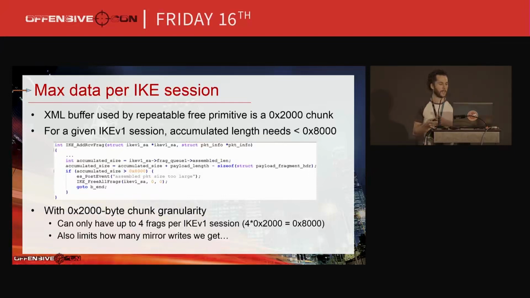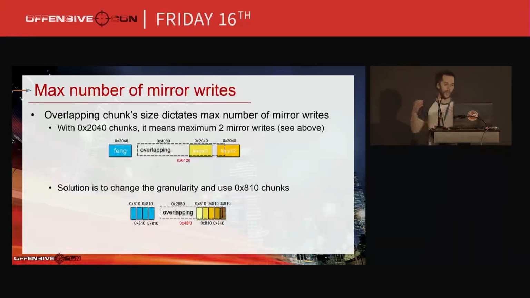The other thing is, it also limits how many mirror writes we get, because our ultimate goal, which we're going to show, is that if we work with a 2,000 bytes chunk with a feng shui, and we have an overlapping chunk, at some point we get a hole, and our goal is to corrupt some target chunk.